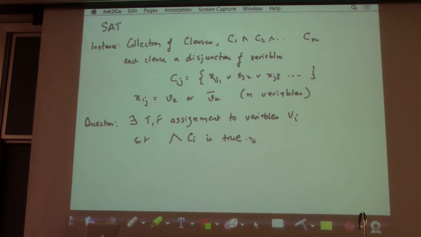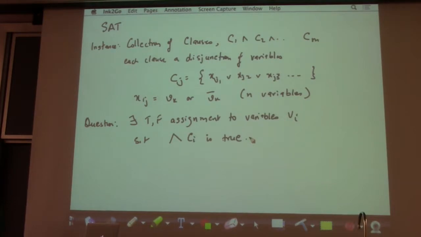Yes? And we kind of informally showed last time that SAT was NP-hard by showing that you could reduce circuit SAT, which was the original NP-hard problem, the first one, to SAT, just by realizing that you can take every Boolean gate and convert this into a set of clauses. We did this very informally.